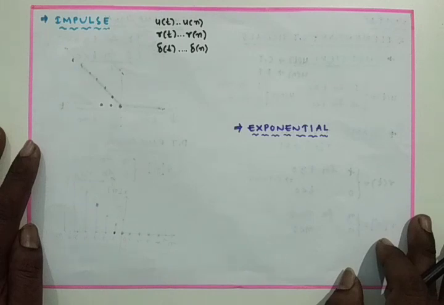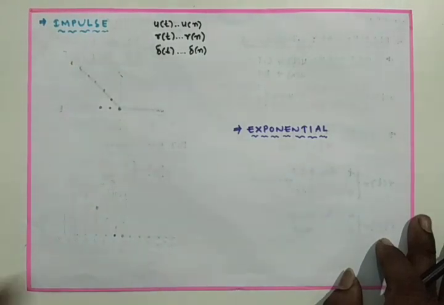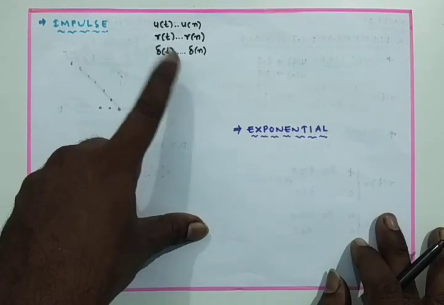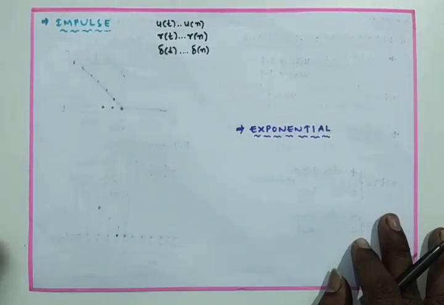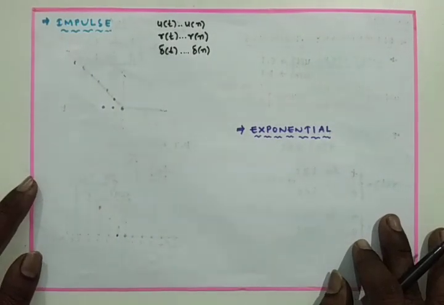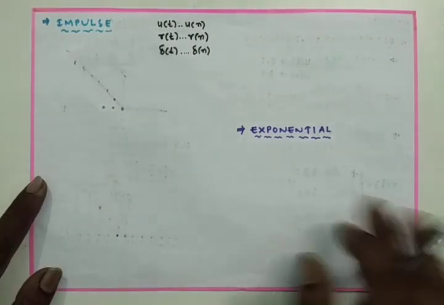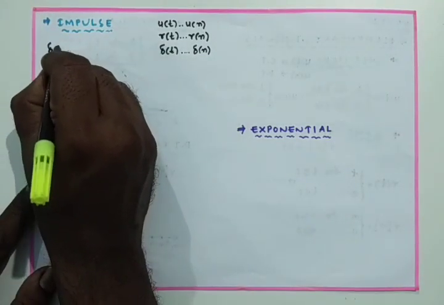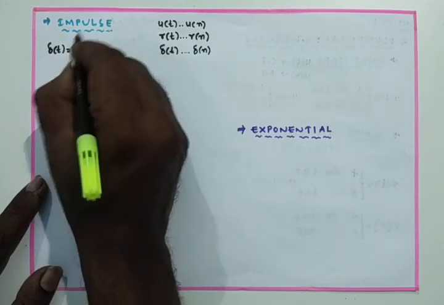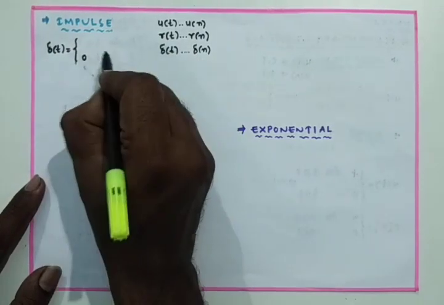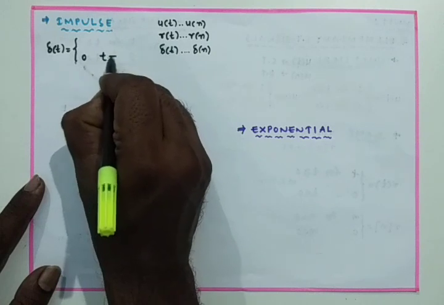That particular signal is named the impulse signal. It is del of t in continuous time and del of n in discrete time. Now I am going to define the impulse signal in case of continuous time. Del of t is equal to, as we know, 0 where t is not equal to 0.